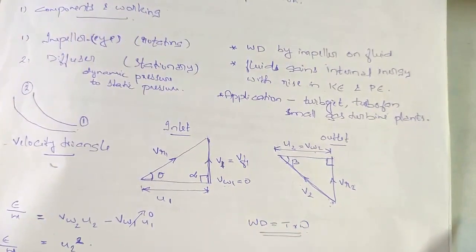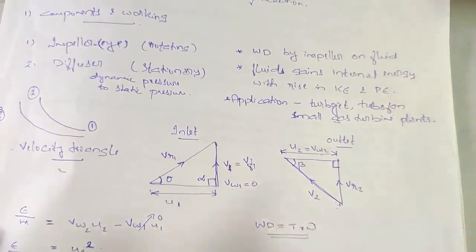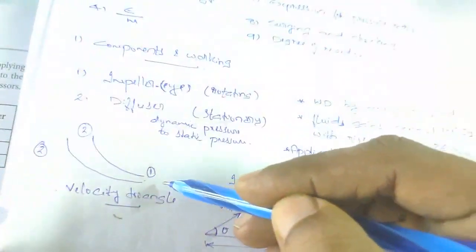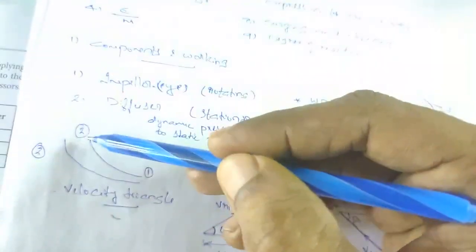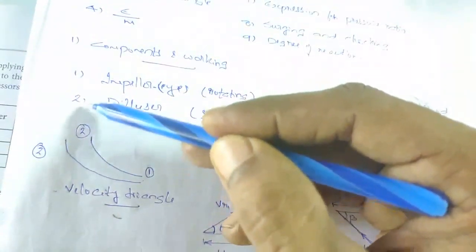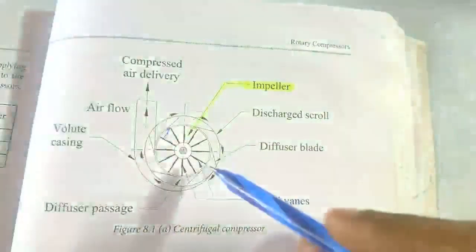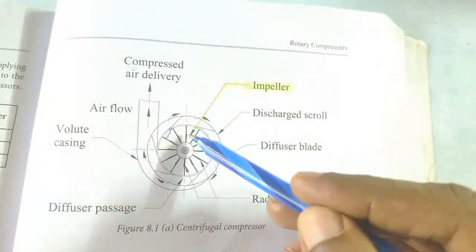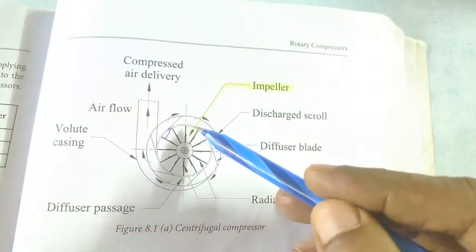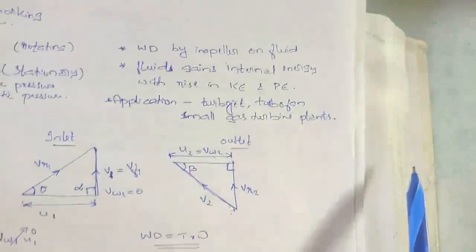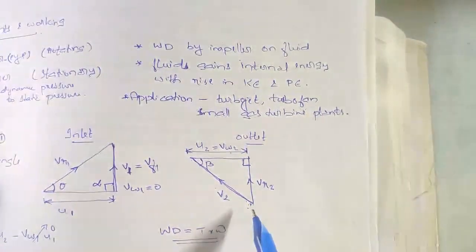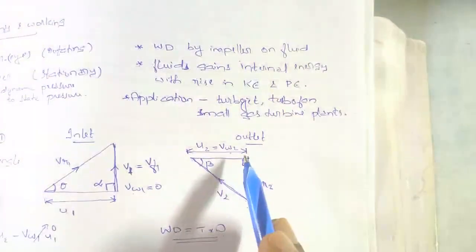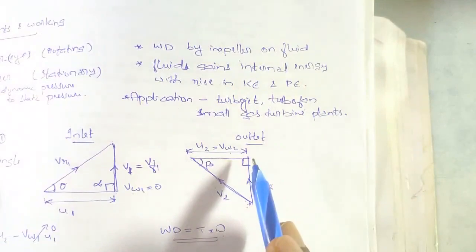For the outlet velocity triangle, as I have already mentioned, the shape of the impeller is such that the air, after entering, moves through the impeller passages and leaves the impeller radially to the diffuser. So this is the impeller and it leads radially to the diffuser. That means as the air is leaving radially, VR2 is at 90 degrees.